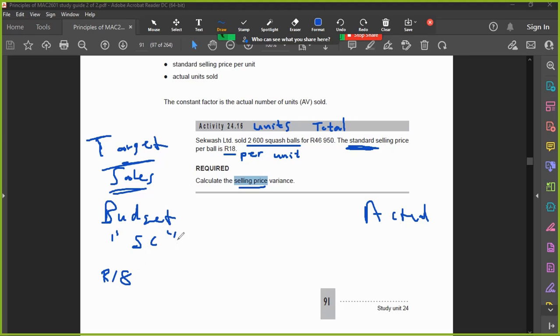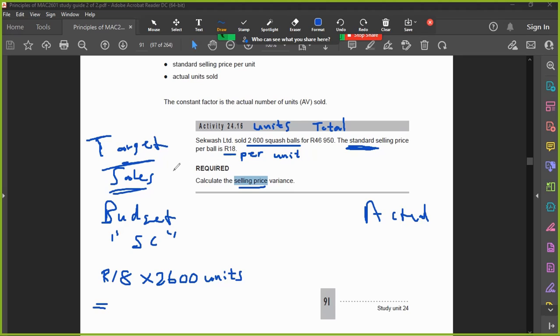If you know that the standard price is 18 Rand a ball, how many balls did we sell? 2,600 balls. We just read it. Have a look at the question. Wait, wait. You're missing the point.